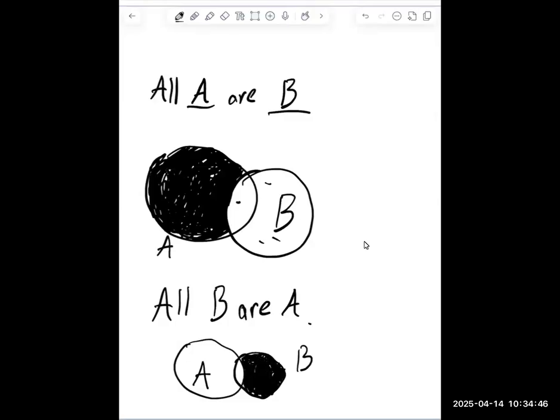And this is saying there is nothing that can be in B that's not also an A. But there's lots of ways for things to be B and not an A, right? And you can think about this, right?